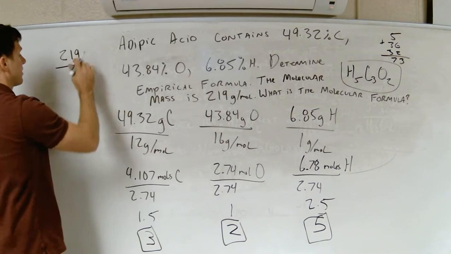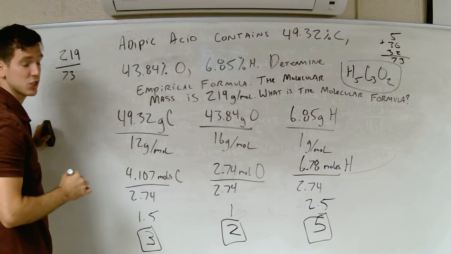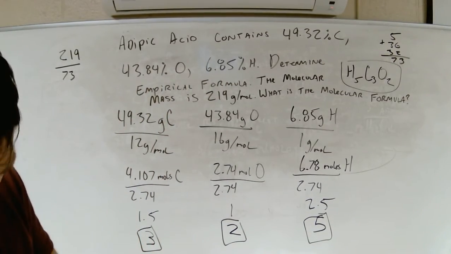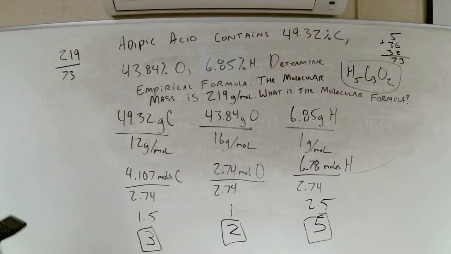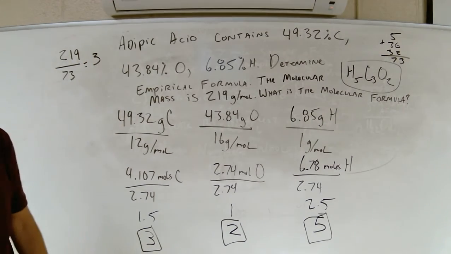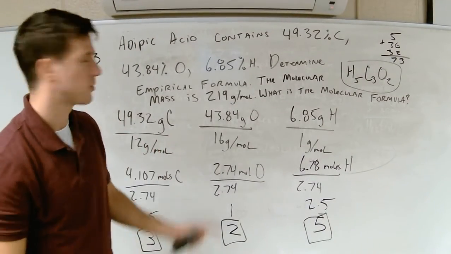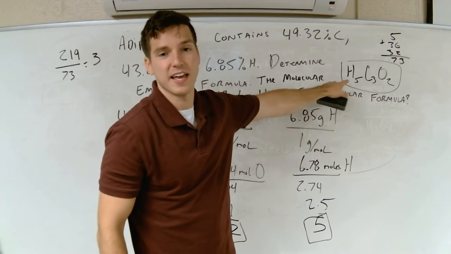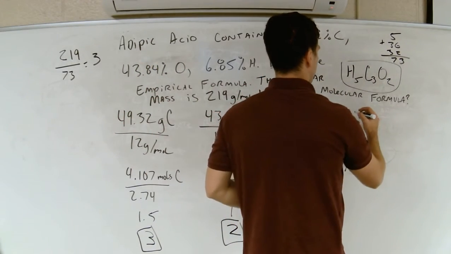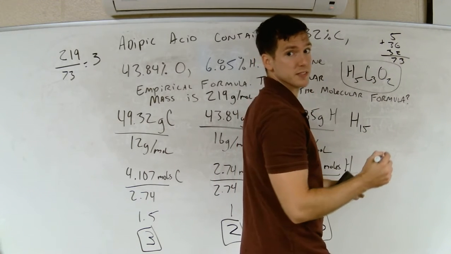So I take my molecular molar mass divided by my empirical formula molar mass, and I should get something like 3. So I got that nice number 3. Well, what do I do with that number 3? I just multiply 3 into that empirical formula. So 5 times 3 is 15, so now it's H15. 3 times 3 is 9, so it's C9.